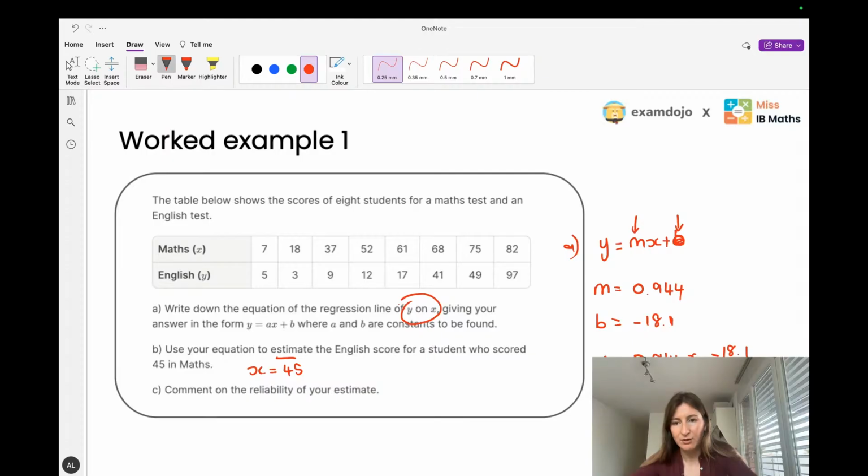This is easy enough. Just be careful when we do the X on Y, you're going to see sometimes you're going to substitute a different X or a different Y, but we'll get there.